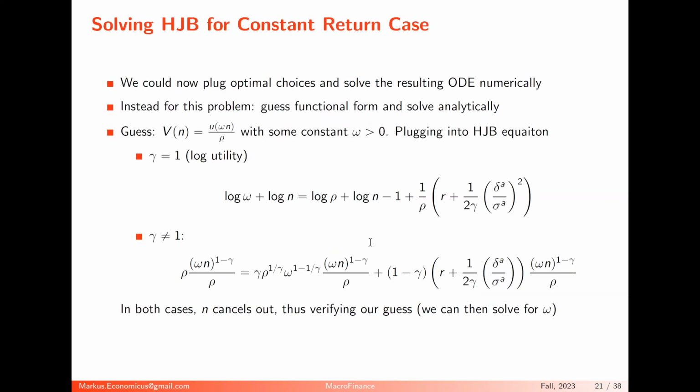But we can also guess the functional form and solve it analytically. What's a good guess in this case is that the value function is just the per period consumption divided by rho. Like if you take an infinite sum, you always divide it by the discount rate. So it's a first good guess to take this.